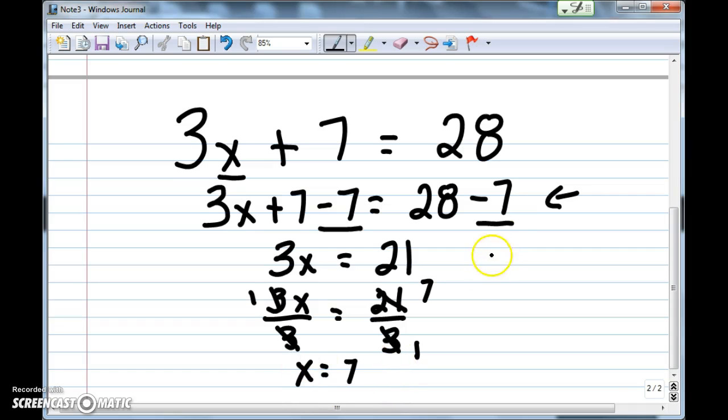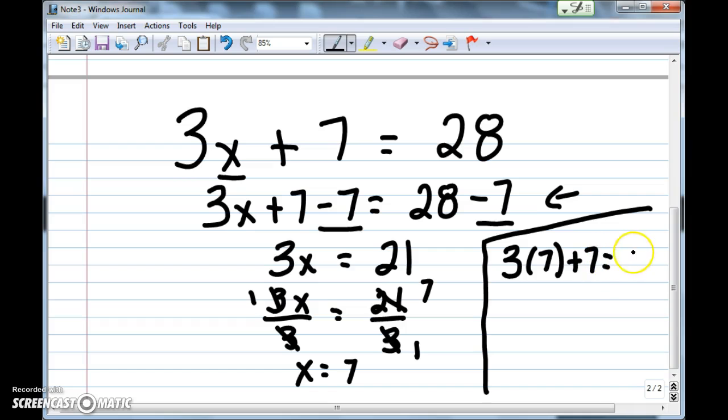Now the last step, if you don't want to make any mistakes and you want to make sure you didn't make any, you want to just take this number and put it in and say, is it true? Is 3 times 7, putting the 7 in for our variable x up here, plus 7, does that actually equal 28? That's our question. We don't know. If that's true, then we've solved correctly.